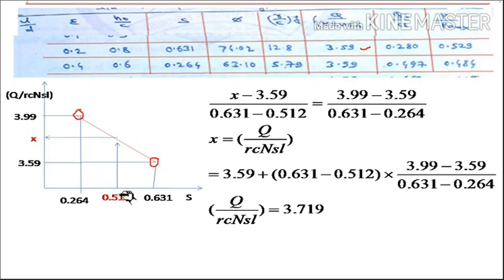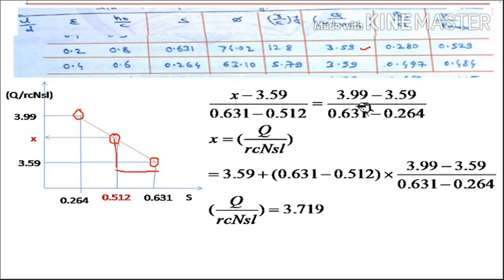I have to find out the value of Q by RCNSL corresponding to 0.512 Sommerfeld number, that is this point. So again here I am using the similar triangle. This is the height of this triangle, which is x minus 3.59, and the base of this triangle is 0.631 minus 0.512.